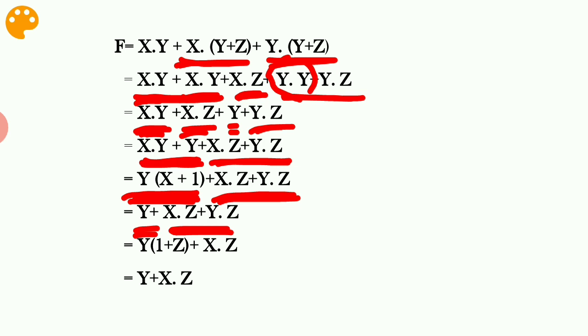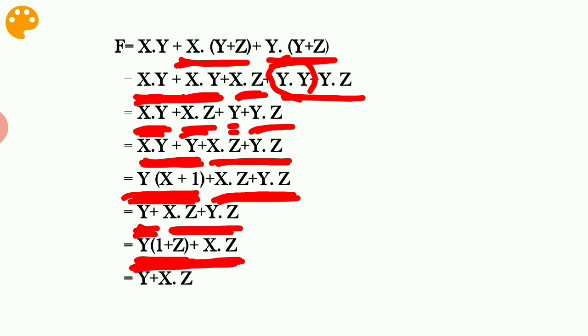Now again let us take some terms as common. If we look at the first term and the third term, again Y is common. If we take Y as common, the remaining terms will be Y into (1 plus Z). The other term that remains is written the same, plus X into Z. So this is our second last step. Now again applying the same principle, 1 plus A equals 1.